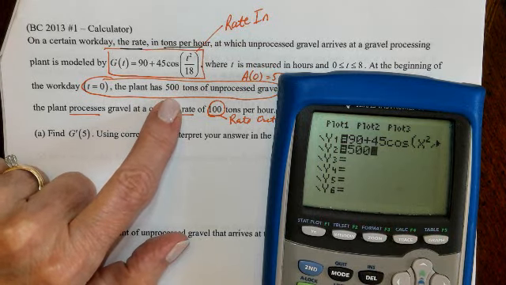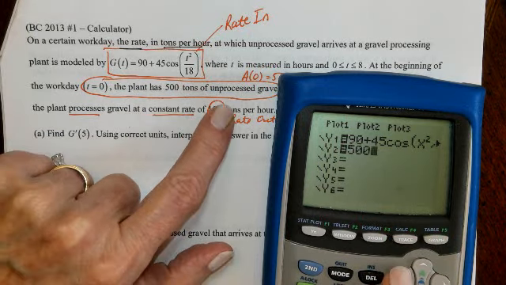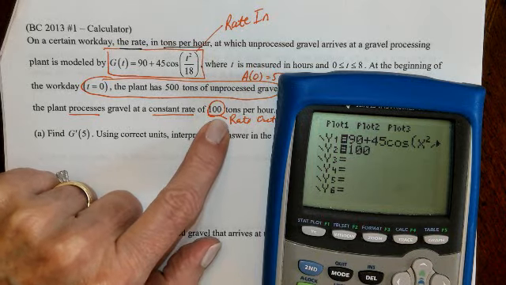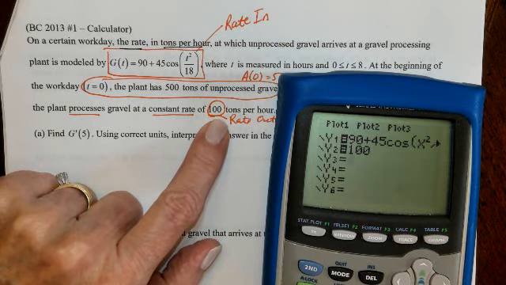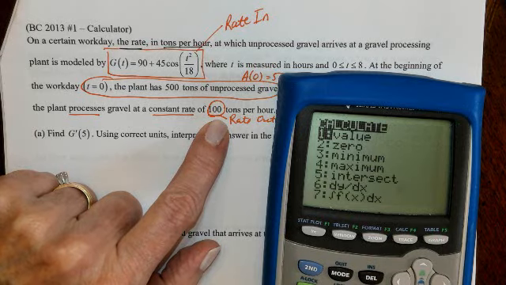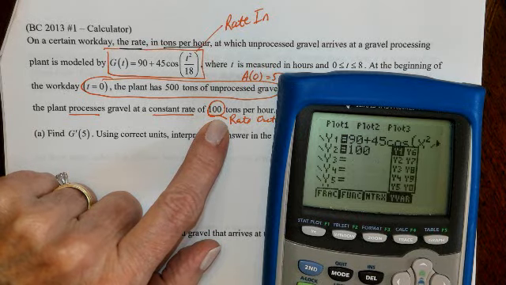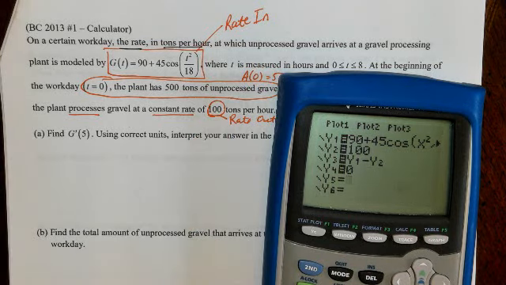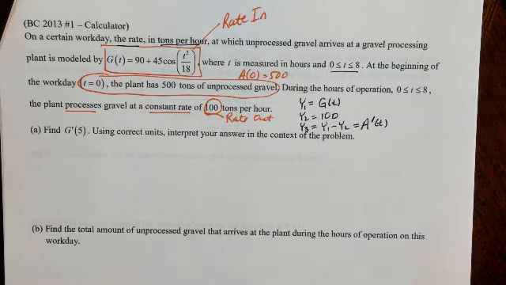And then 100 for my RateOut, right? And then for Y3, Y1 minus Y2. Okay, and then I like to put 0 down here, but we may or may not need it, or we may need something else. I like to have that in there.